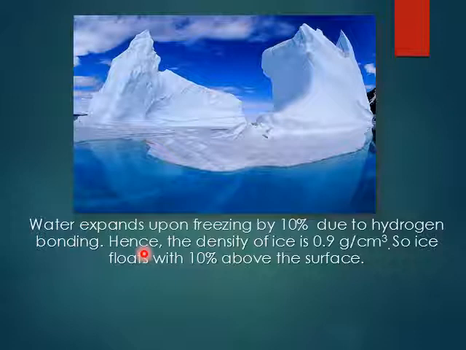So, the density of ice, okay, is actually 0.9 gram per cubic centimeter. Pag kinonvert natin to sa kilogram per cubic meter, this is equivalent to 900 kilograms per cubic meter. Kaya yung ice natin, nagfo-float siya sa tubig, pero 10% nung part ng ice is nakalutang. Okay? So, yung 90% ng ice is nakalubog sa tubig.